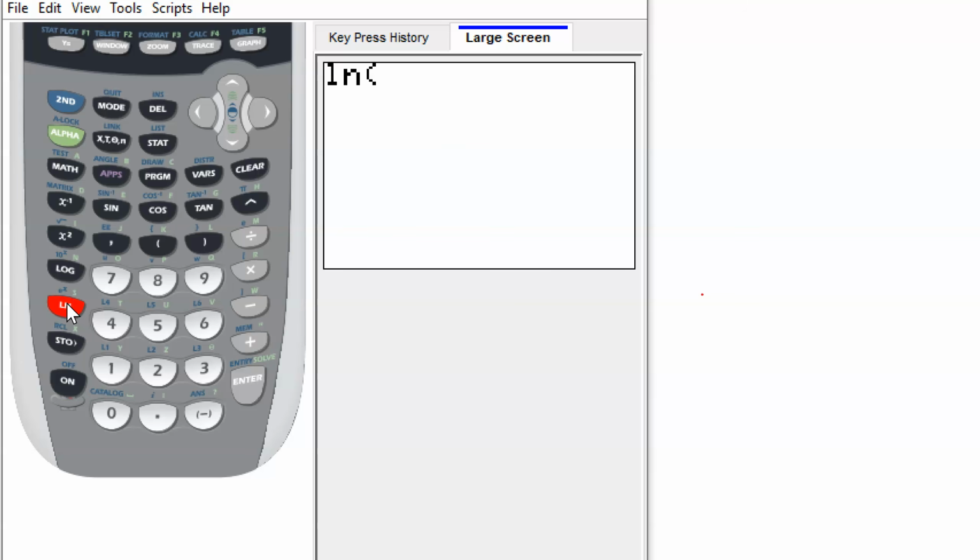So hit the ln key. Notice it's very important, it puts in a parenthesis. So then you have to hit 5, the argument of the log, and then you must close the parentheses after the argument, and then you hit minus 1. Enter. And that is going to be our answer.